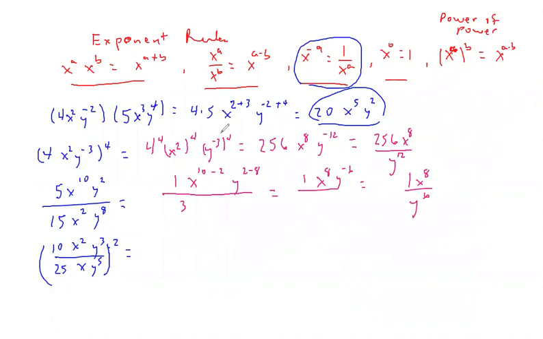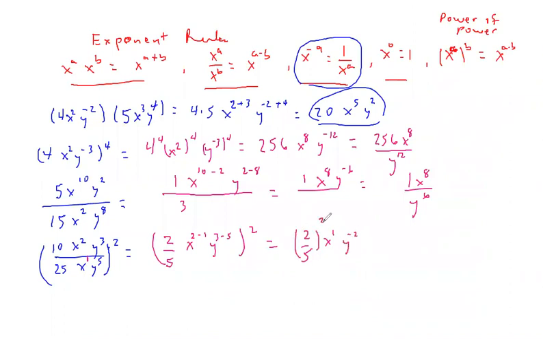And finally, what about this last problem? What would you do first? So 10 25ths is 2/5, and then x to the 2 minus 1, because there's a hidden 1 right there. And then 3 minus 2, so I'd have 2/5 x to the first, y to the negative 2.